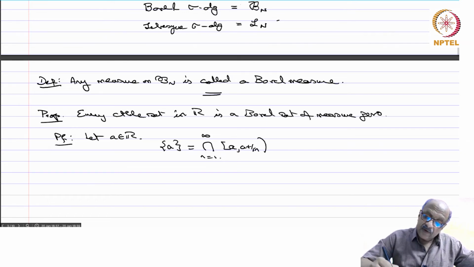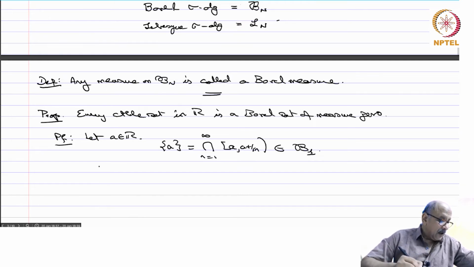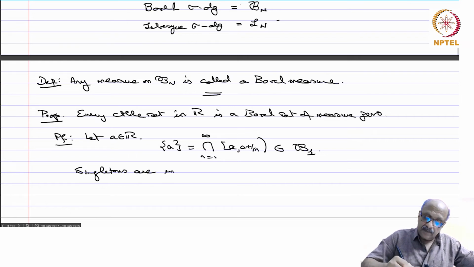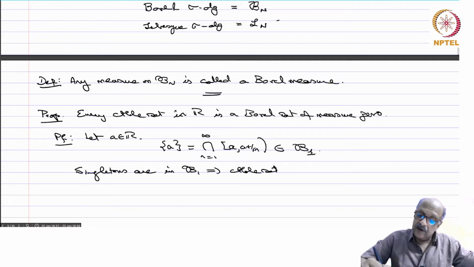And since this is a countable intersection of elements in P which are also in R, this belongs to S(R), that is, it belongs to B_1. Okay, so singletons are in B_1, which implies countable sets are in B_1, because a countable set is a countable union of singletons.